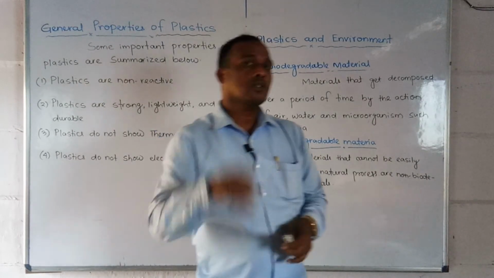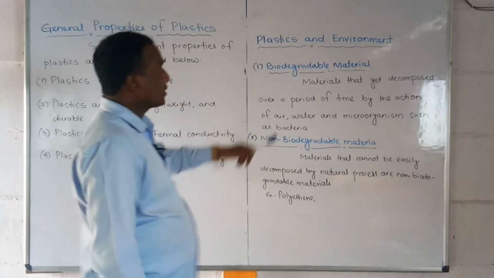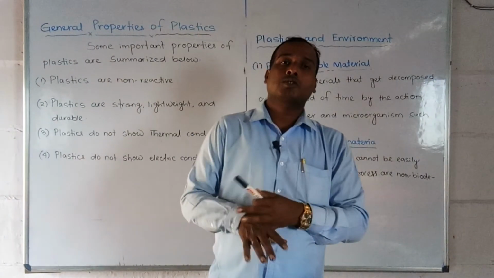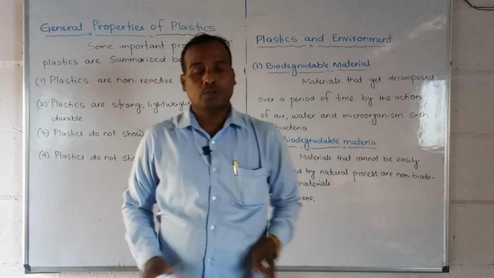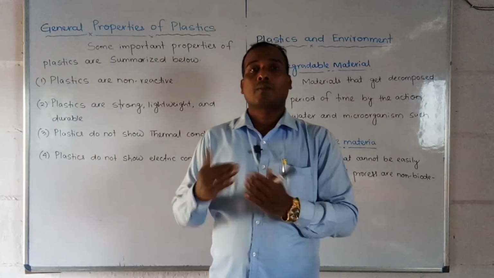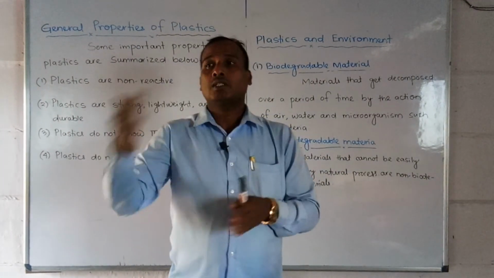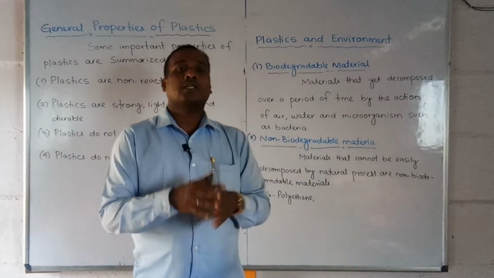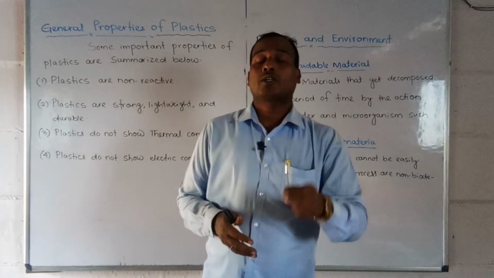Let us discuss that. What are biodegradable materials and non-biodegradable materials? Some materials are decomposable and some are not. Those materials that are decomposable naturally by air, by water, or by microorganisms are called biodegradable materials.